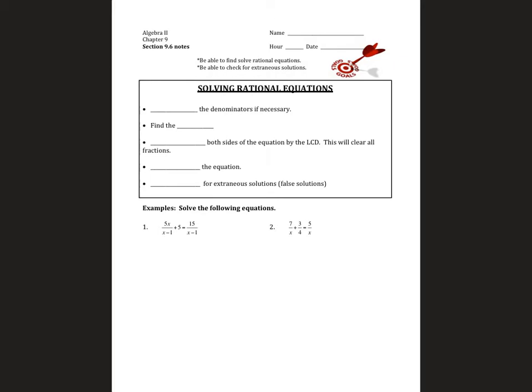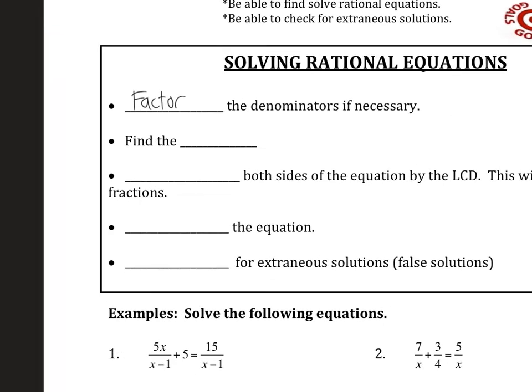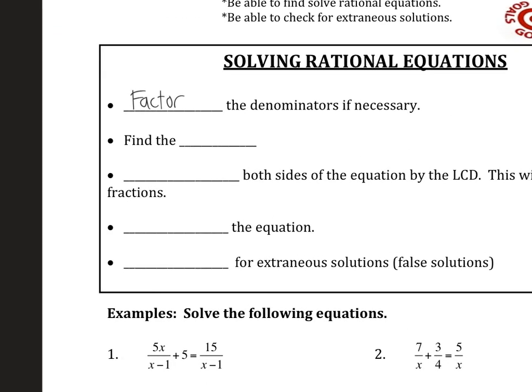Here are the steps. The steps are to first factor the denominators if necessary, because if you just multiply by everything in the denominator, you might be multiplying by repeated factors, so you want to make sure that you're multiplying by the least common denominator, not just any denominator, okay? Then we're going to find the LCD, least common denominator, which is the least common multiple.